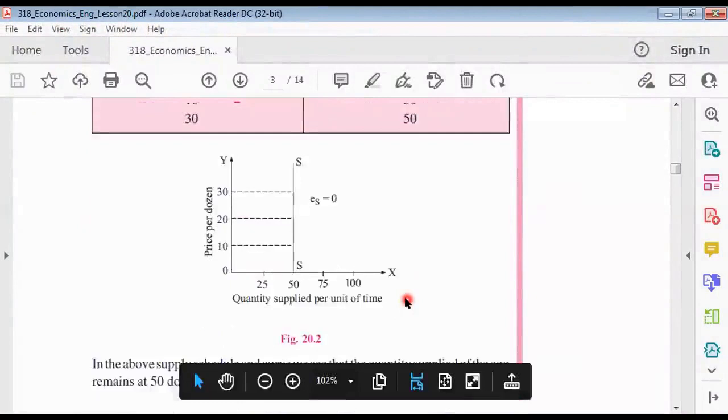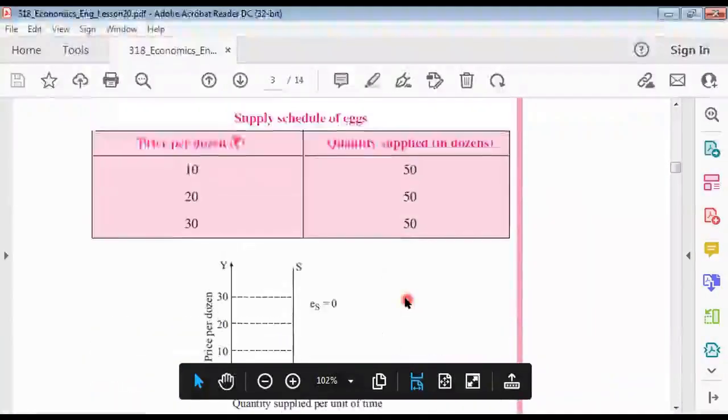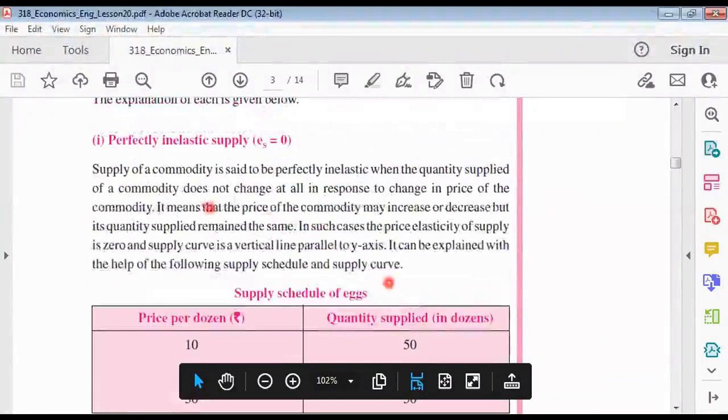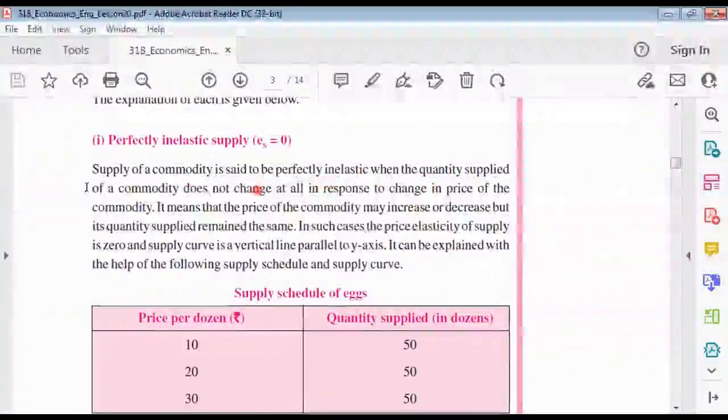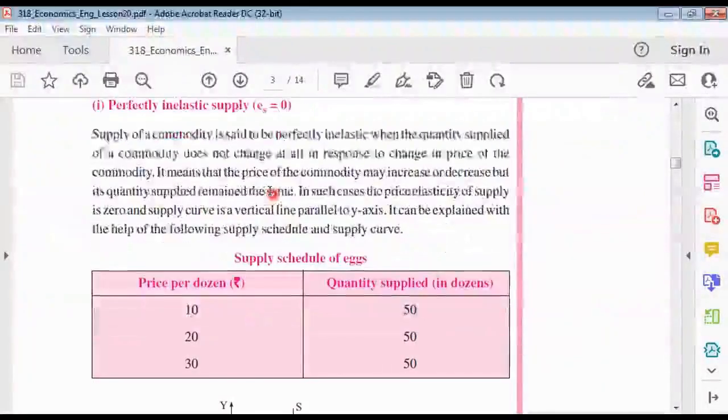So this is a case of perfectly inelastic supply. As you can see, this is a case of perfectly inelastic supply. So supply of a commodity is said to be perfectly inelastic when the quantity supplied of a commodity does not change at all in response to change in price of the commodity. And that's exactly what you find in the table as well as in the graph.